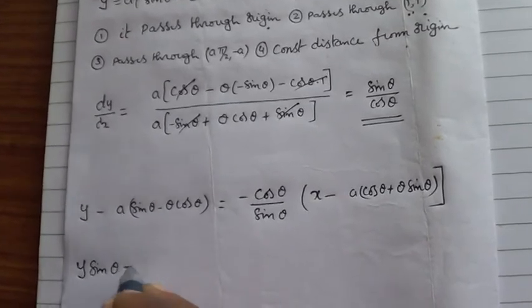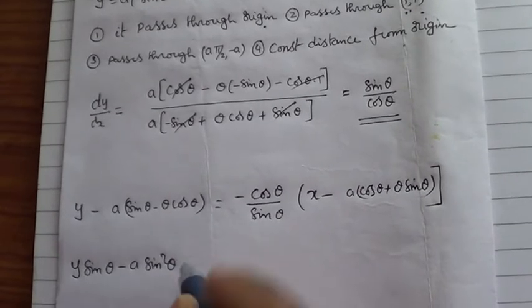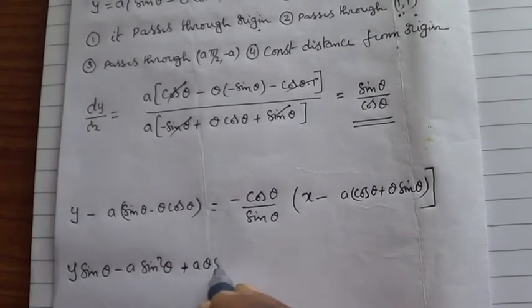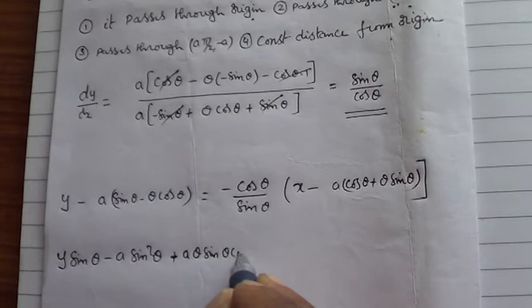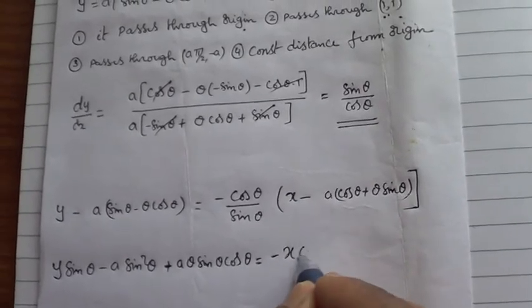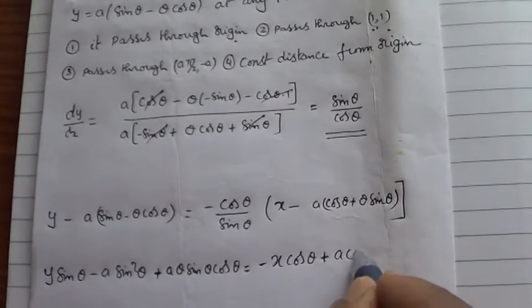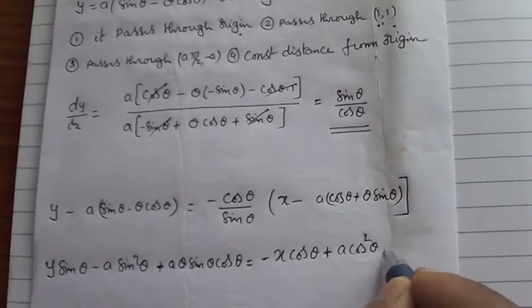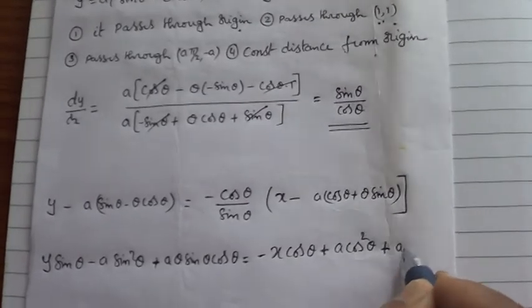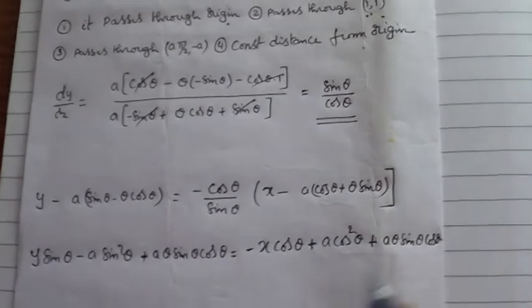Y sin theta minus a times sin square theta plus a theta into sin theta cos theta is equal to minus x cos theta plus a cos square theta plus a theta into sin theta into cos theta.